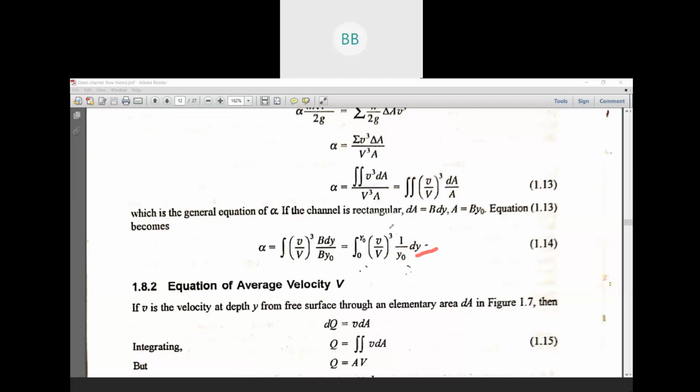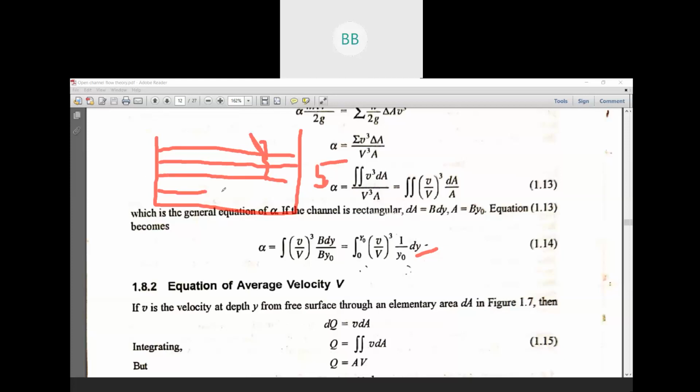And this limit we have already discussed. If the depth of the flow is 5 meter, then if you take a 1 meter section, depending on how you divide, the ultimate or maximum limit is 5.